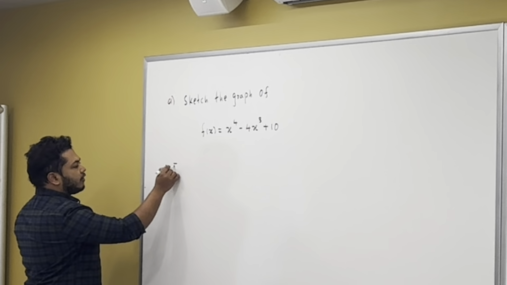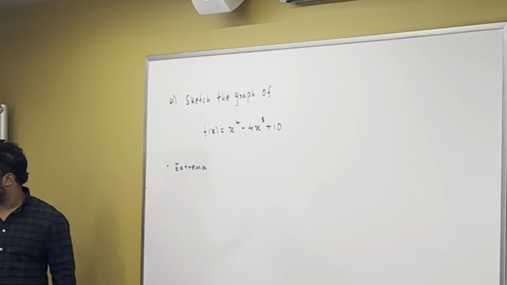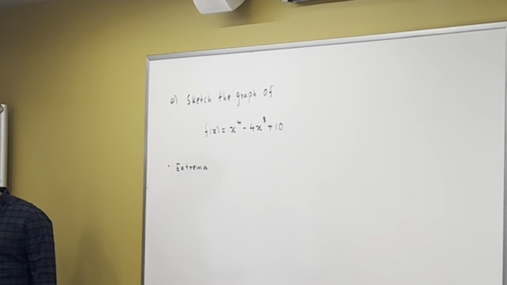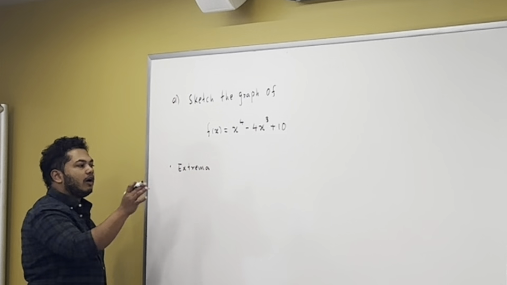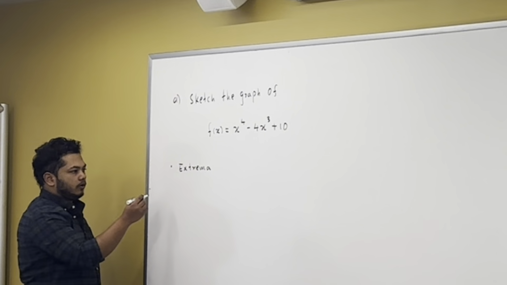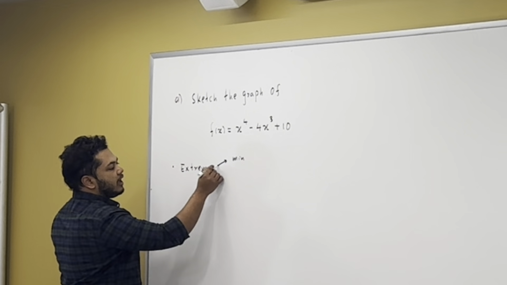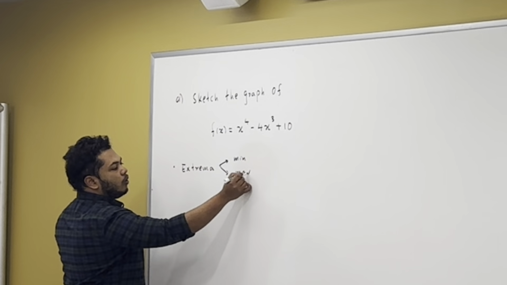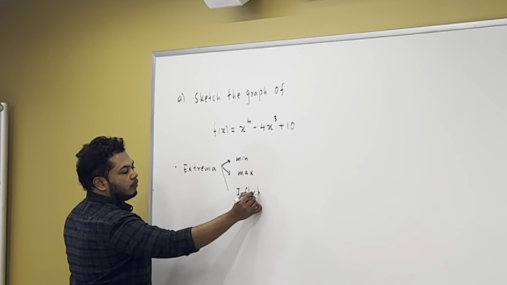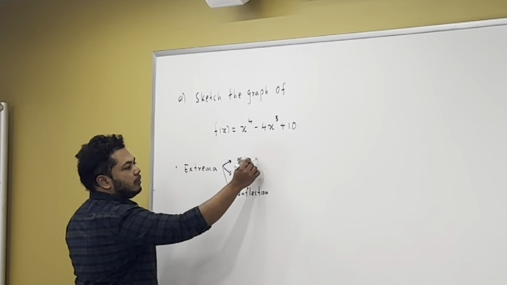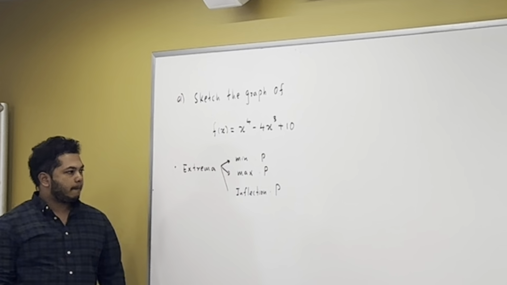Extrema, by which I mean minimum, maximum, and inflection point. Okay? So this is a rough idea of what you should do, all the steps. Extrema will help you find minimum points, maximum points, or inflection points.